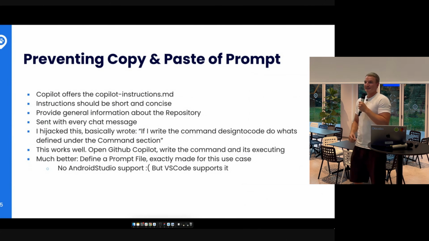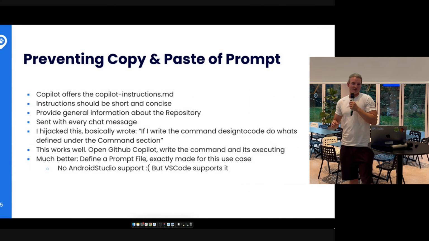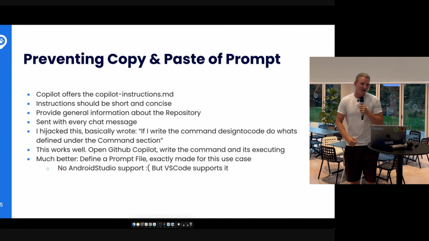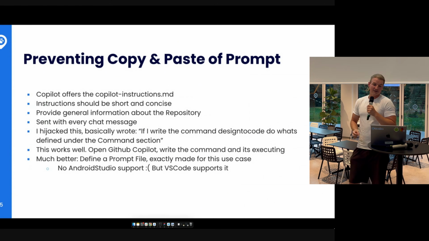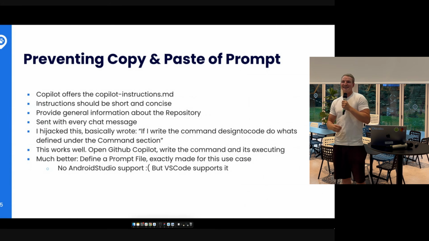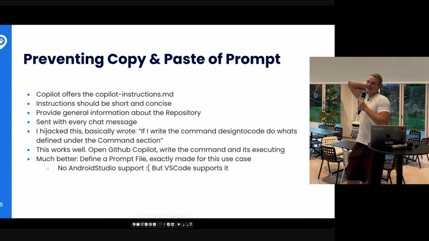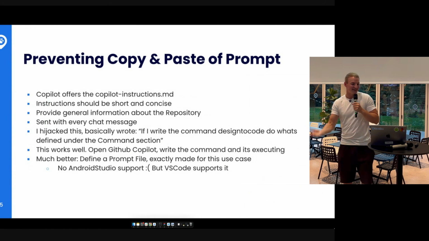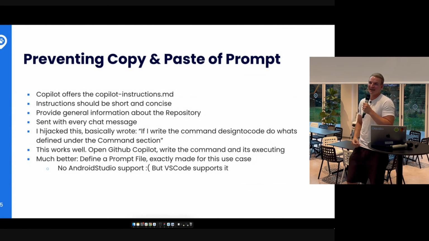But then I realized if I really want to use this in production, so to say, I don't want to copy over the whole prompt every time I'm going to use this. So I thought, what's possible here? On Android Studio, or in general, for Copilot, you have the Copilot instructions markdown. And it explicitly states in the documentation you should not use this to reference other files or something like that. But I used it for exactly that, because that was the only option on Android Studio.